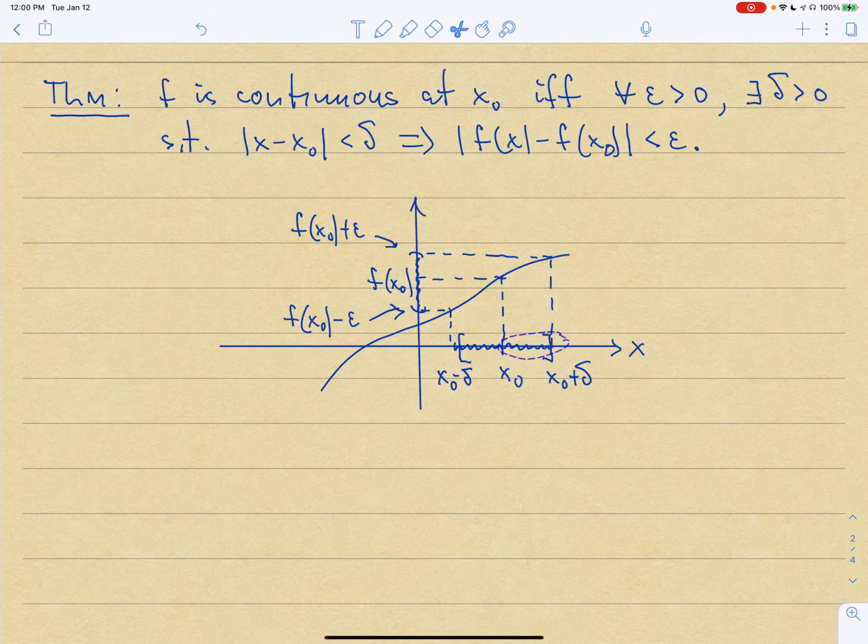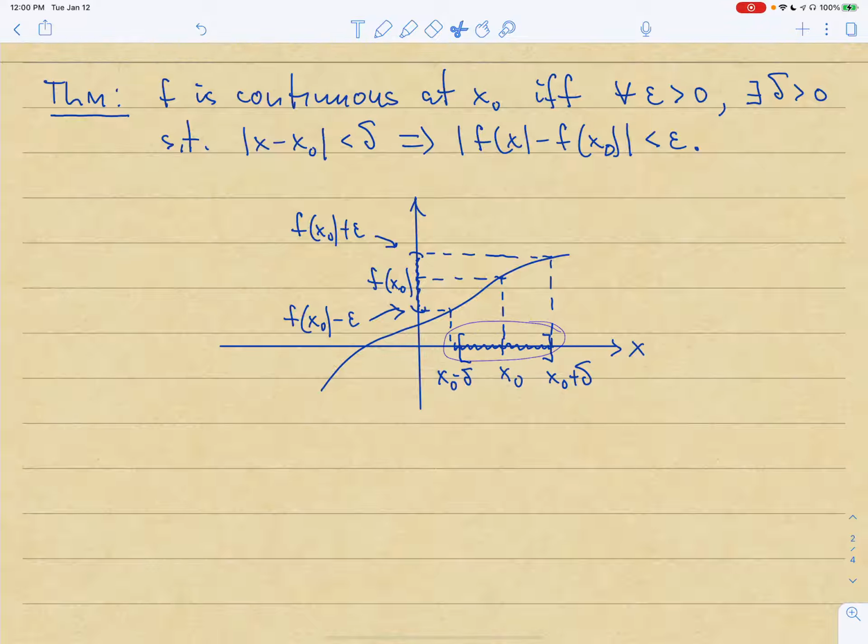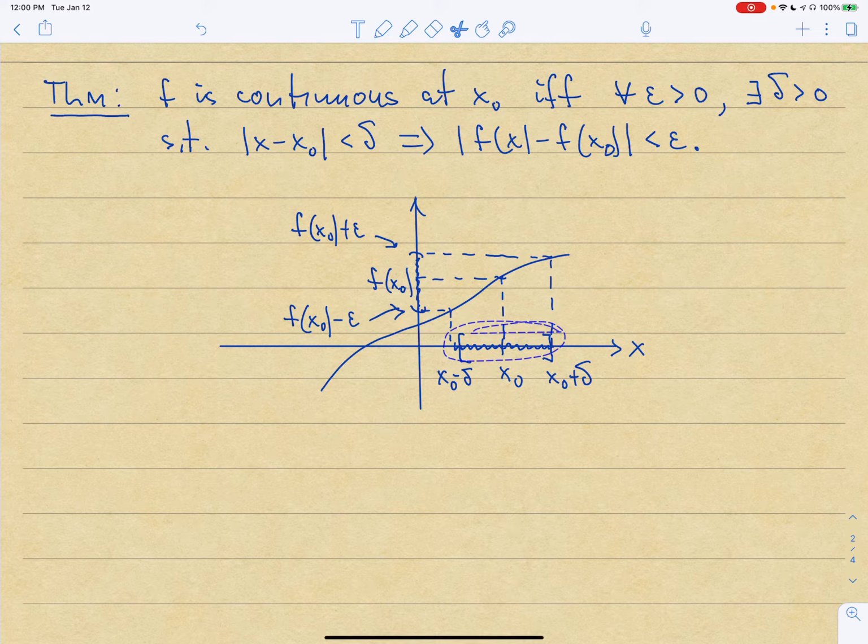I have one length here, one length there. I want to make the interval symmetric, so I choose the smaller of these two lengths. And as a result, I get a symmetric interval around x0, such that if I apply f to every point inside that interval, the outcome is going to lie between f of x0 minus epsilon and f of x0 plus epsilon.